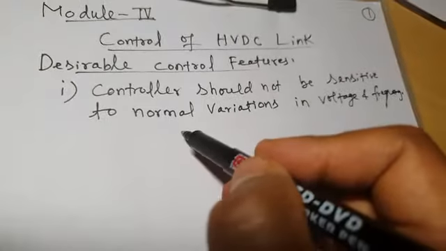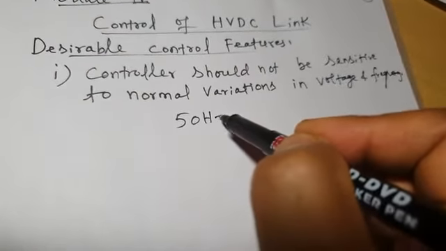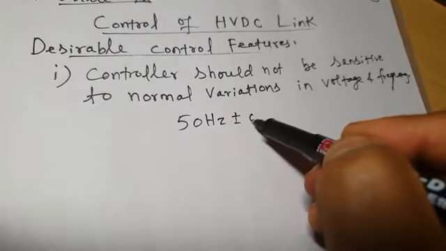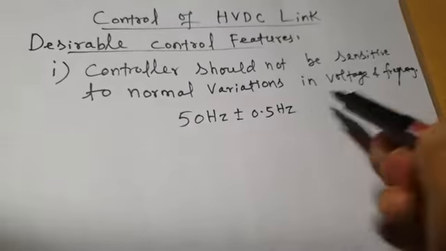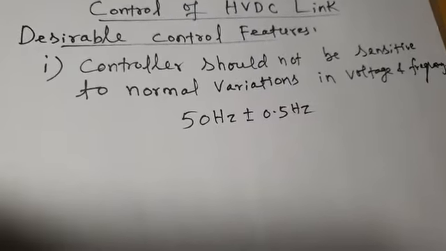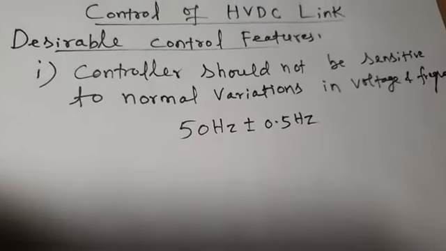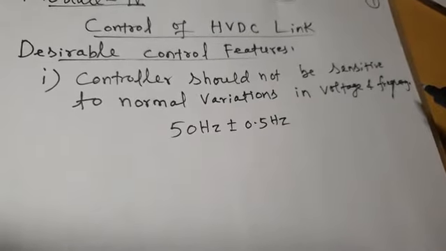For example, if your system frequency is 50 hertz, it may be plus minus 0.5 hertz. Sometimes it may go as high as 50.5 hertz and sometimes as low as 49.5 hertz.